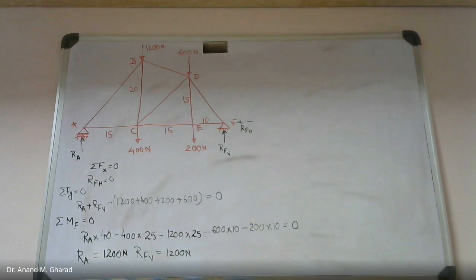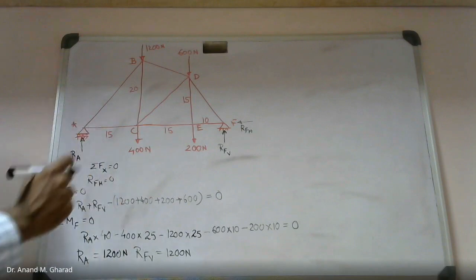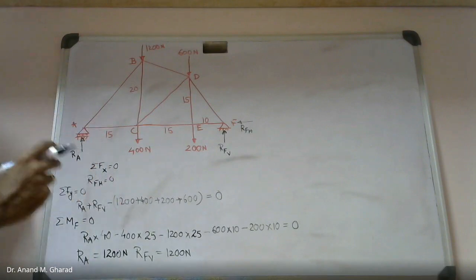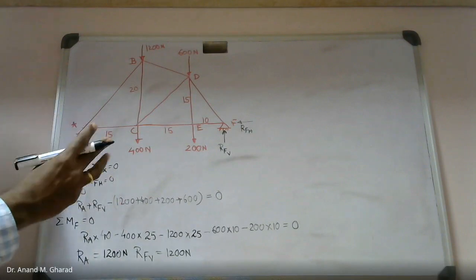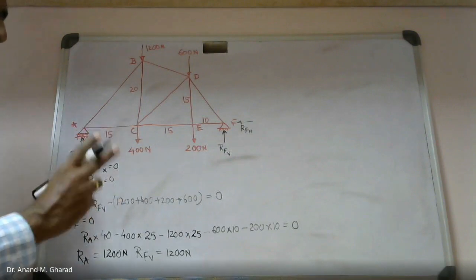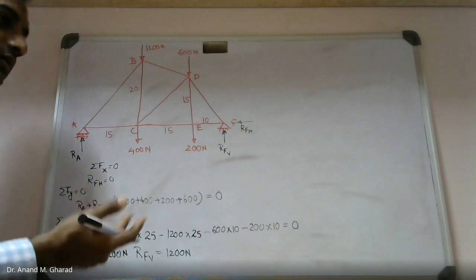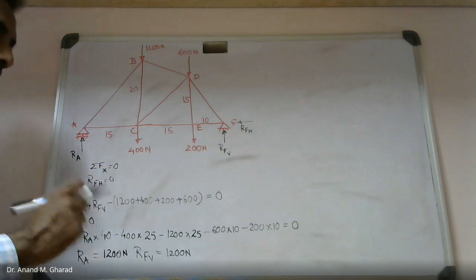Okay. Now see, in this numerical, nothing is mentioned as to which method has to be followed. Since I have told you there are basically three methods, but analytical methods are only two: method of joints and method of section. So you are free to make use of any of the methods unless and until it is defined.